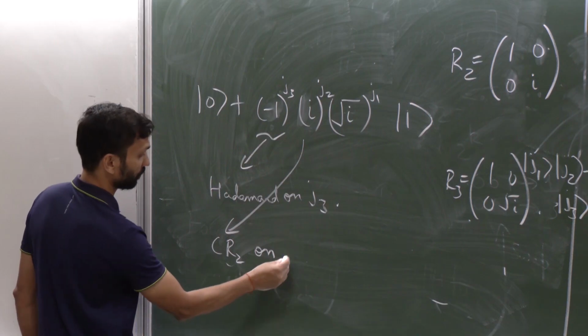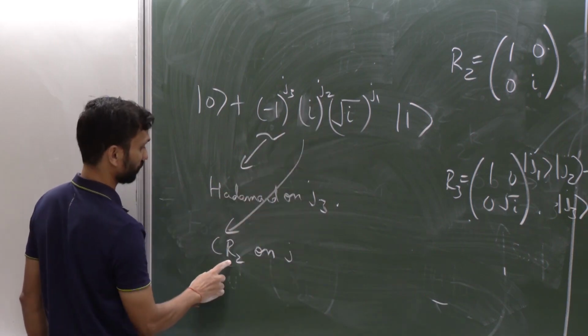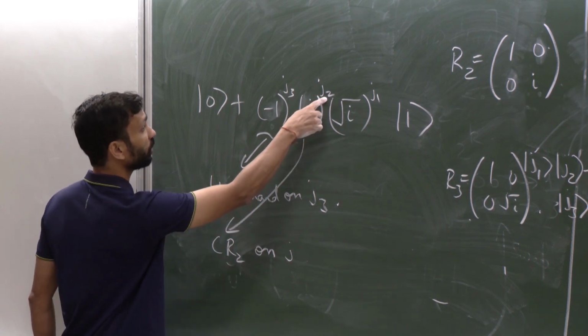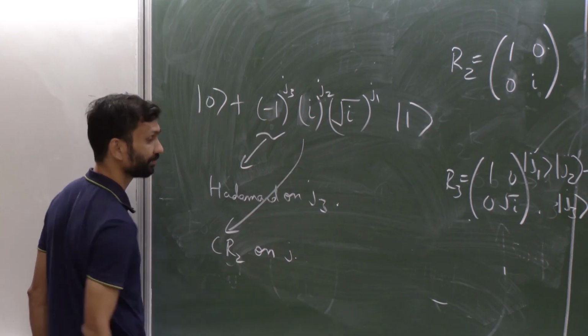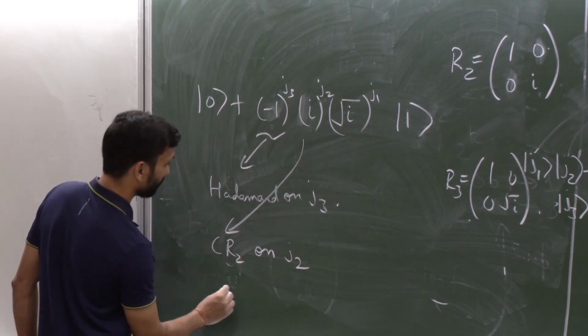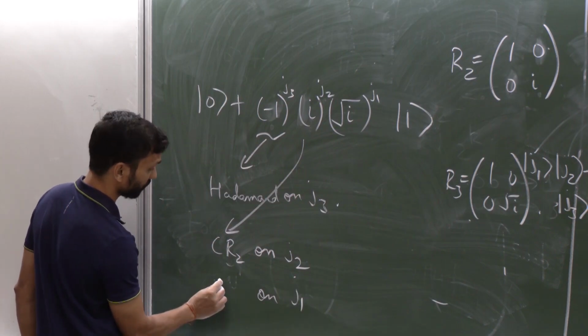control on i to the power j2. So control on, what should come here?